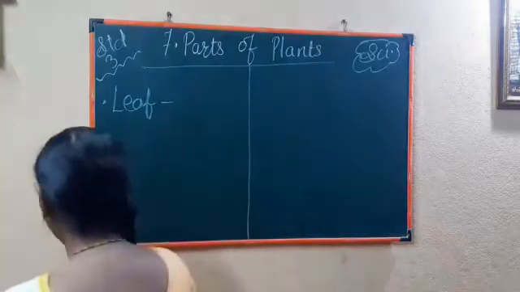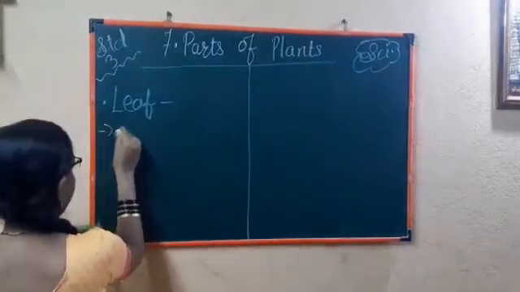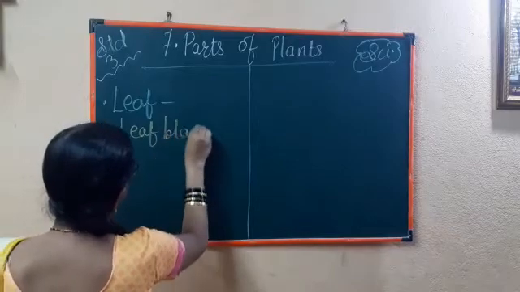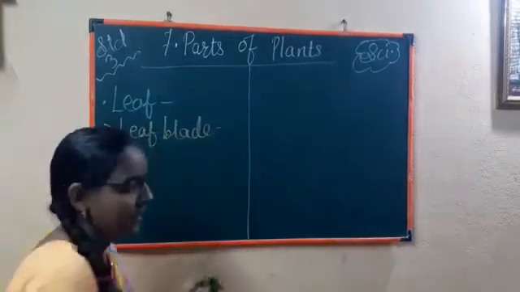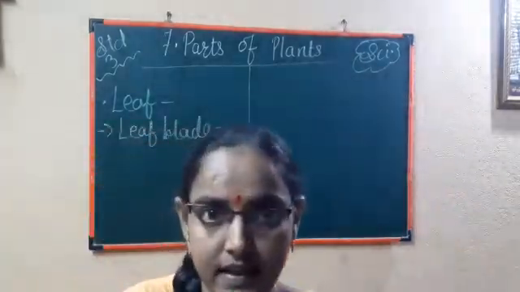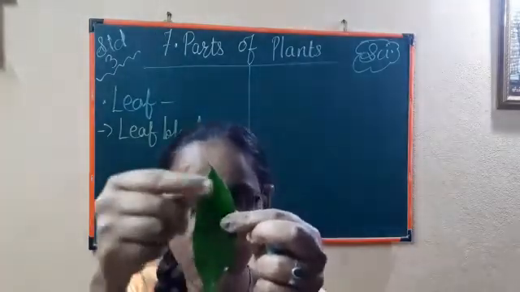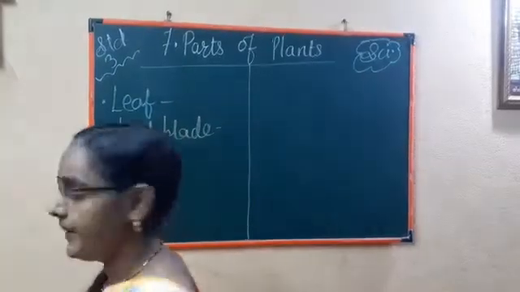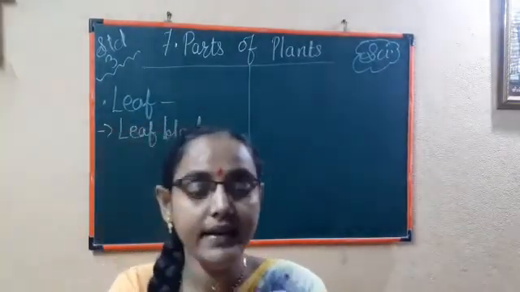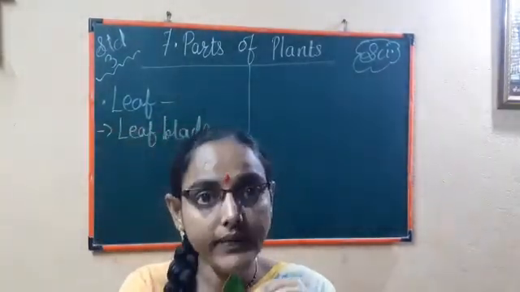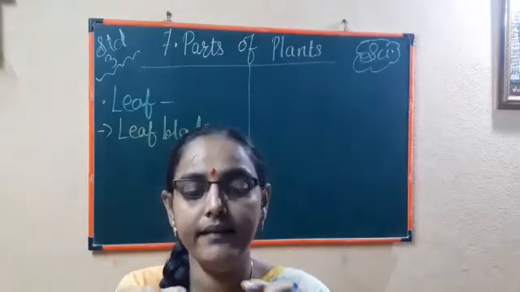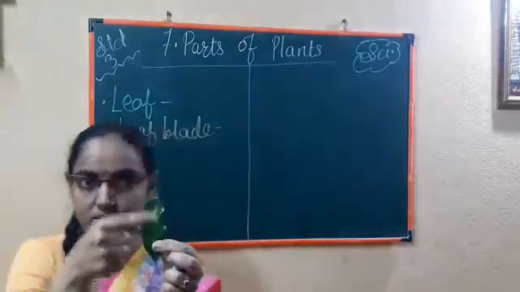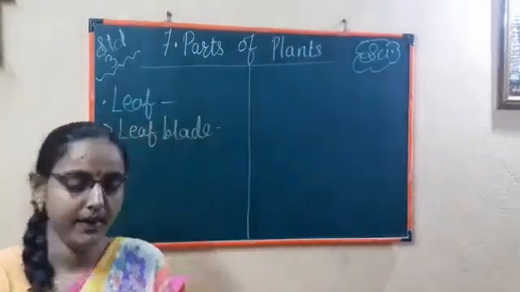One is leaf blade. The flat surface of the leaf is called leaf blade.